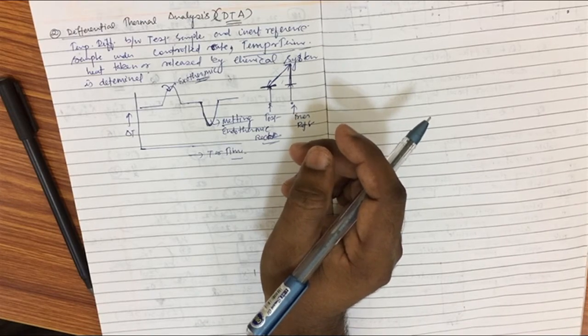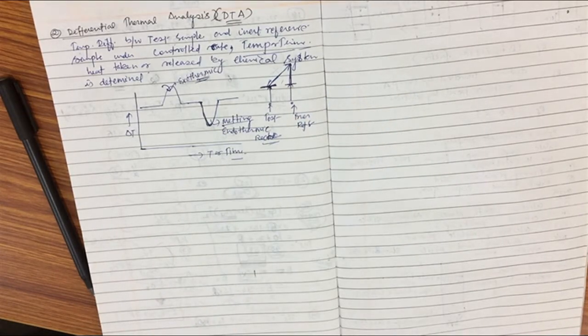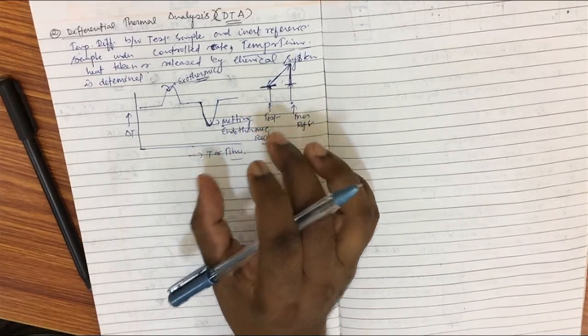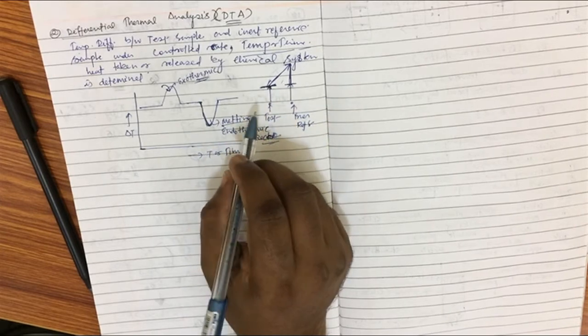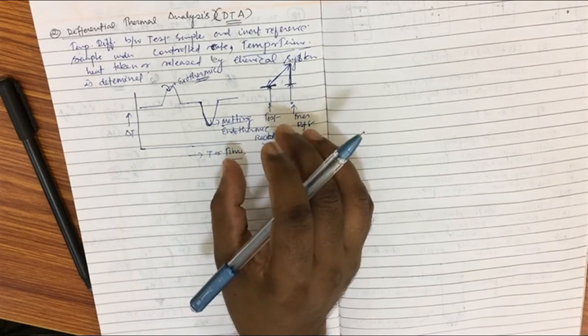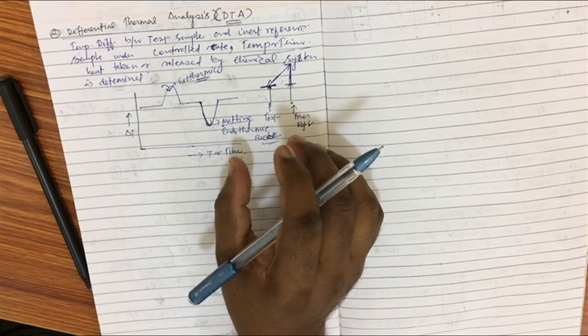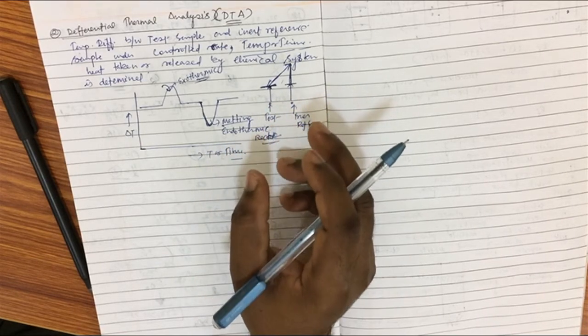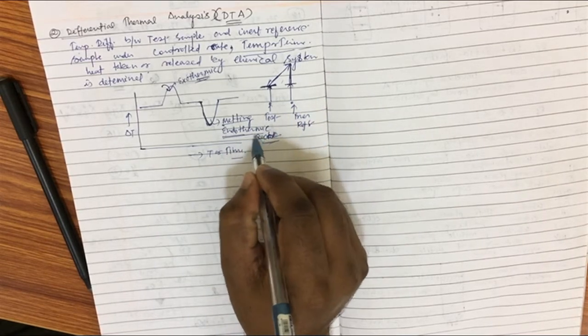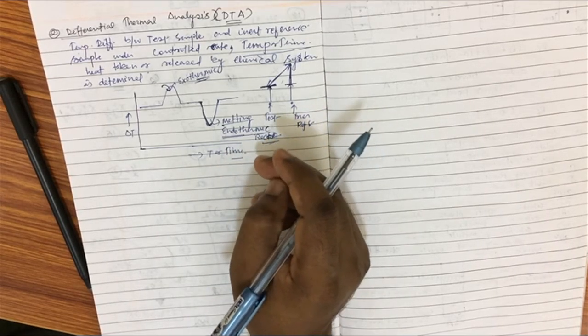so you have to maintain both temperatures. You have to provide energy so that both go the same way. That's why the endothermic reaction happens.